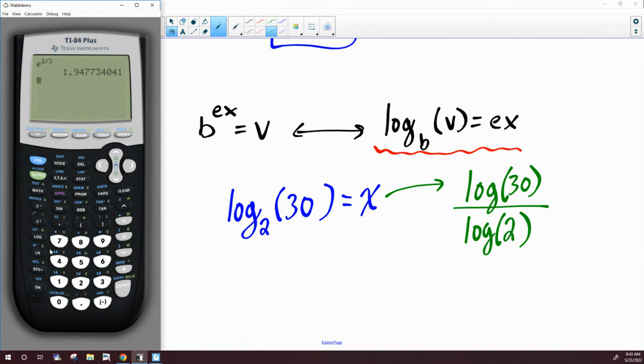So we put in a log of 30, log of 2. Remember, how important is it to put these parentheses in? Very important. Enter. 4.907 because we round up. 4.907.